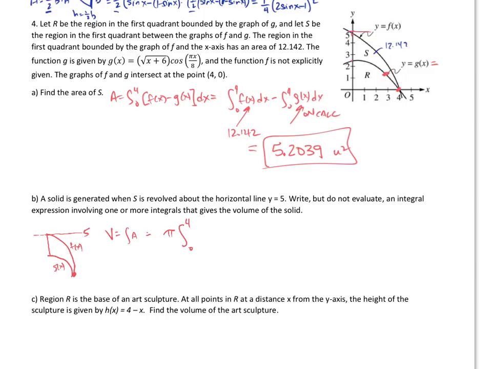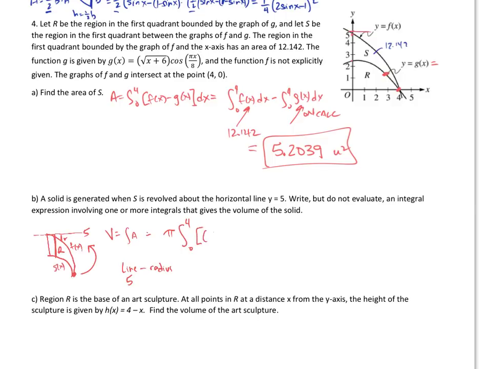We're moving this up this way, so what ends up happening is this is our little r, and that is our big R. So we have our big R, so we want the line, since it's larger, minus the radius, in this case because 5 is up above it, it's a larger value.